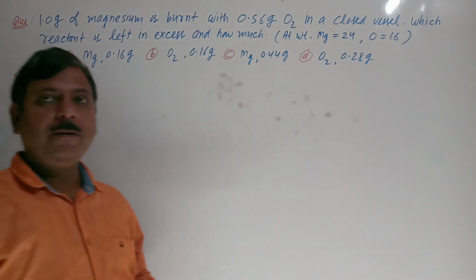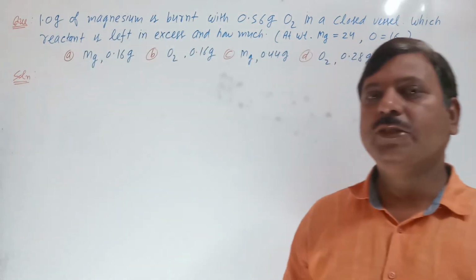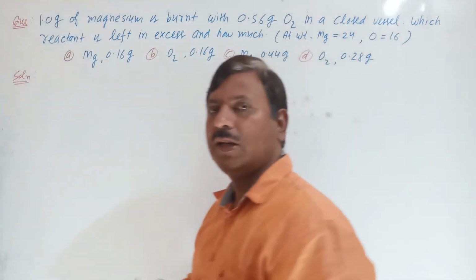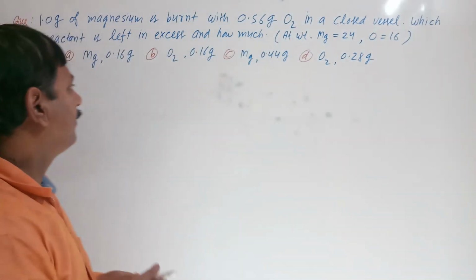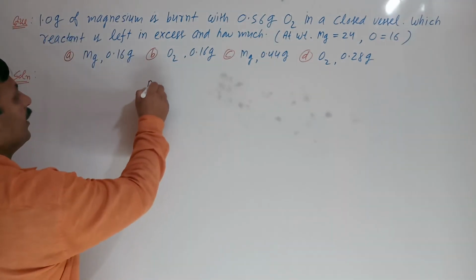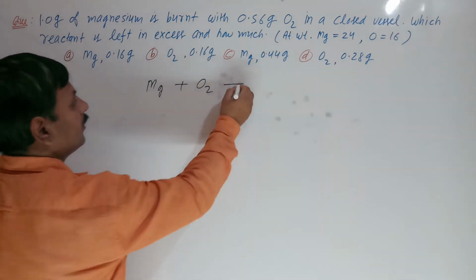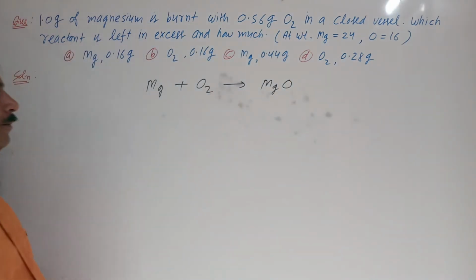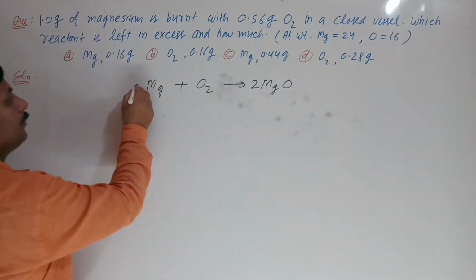So see here, they are asking which would be the excess and how much. Magnesium is burned in oxygen. Firstly, what we have to write, what will be the balanced reaction when magnesium is burned with oxygen? They are forming magnesium oxide. If you are balancing the equation, oxygen 2, you have to multiply it by 2.